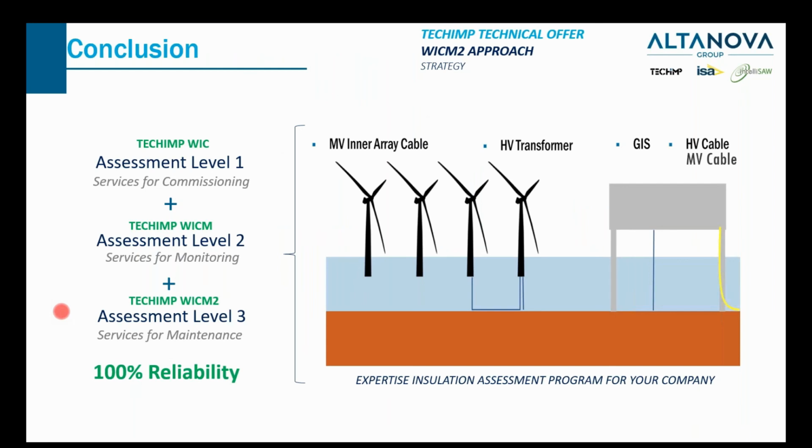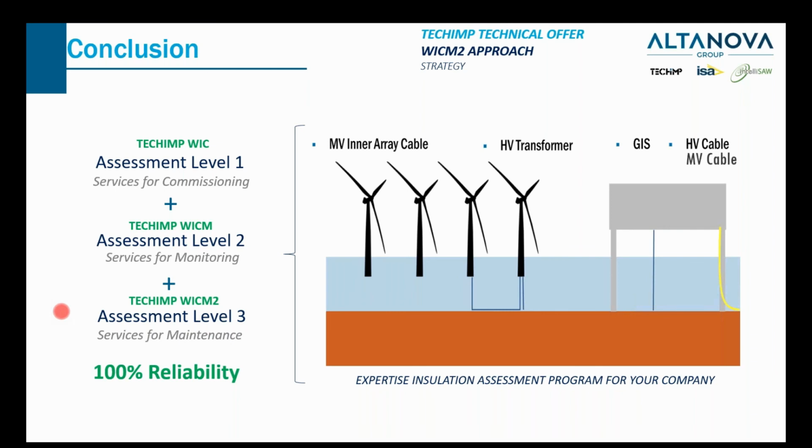So, conclusion. We've been talking a lot of information here. I'm sorry, it took a little bit longer than we expected. In general, we went through the fundamental PD testing technologies and the uniqueness of Techimp PD testing technologies.